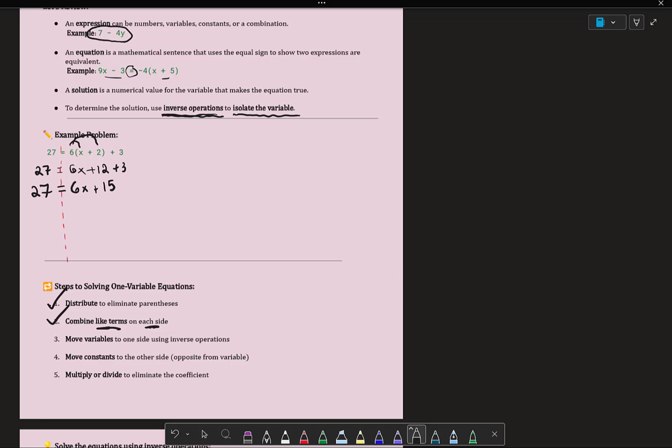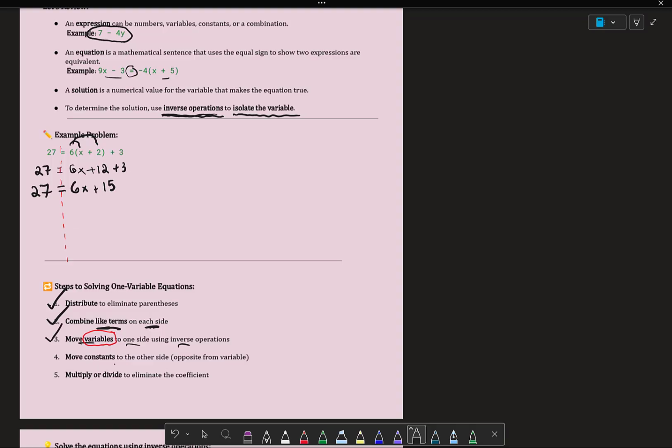So we've completed step 2. Step 3, move variables to one side using inverse operations. The key word here in step 3 is variables, plural. I only see one variable in this entire problem. So we don't have variables on the right side and the left side, so we can go ahead and skip step 3 because we only have one variable in this problem.